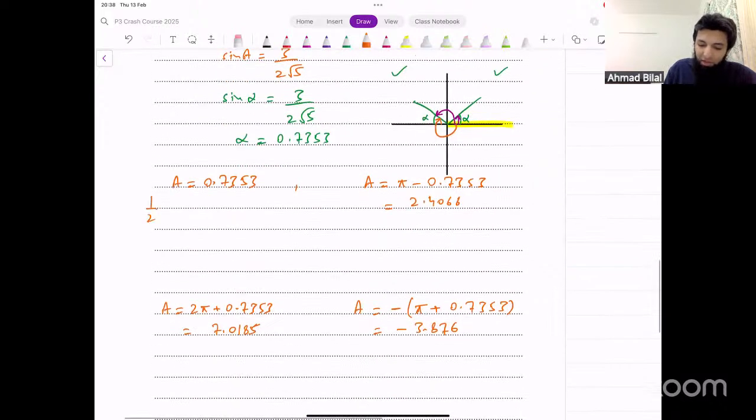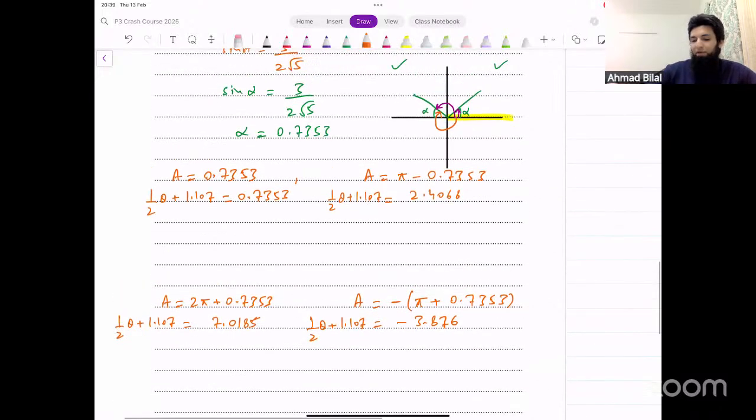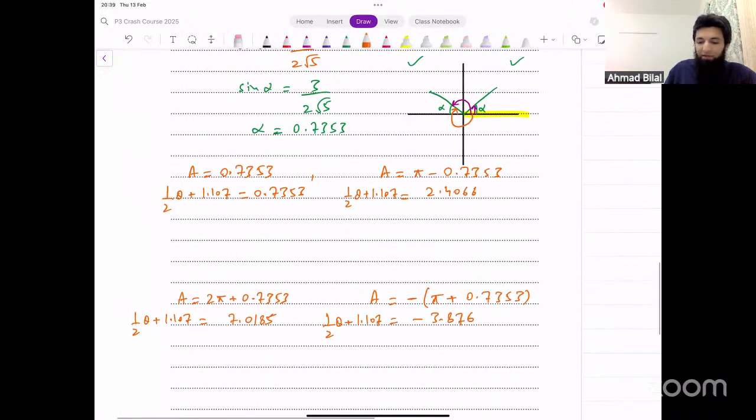So we have half theta plus 1.107 equal to this, equal to this, equal to this, and equal to this. So if all of that is not enough, now we also need to find the values of theta from each one of these 4 equations and see what they turn out to be.